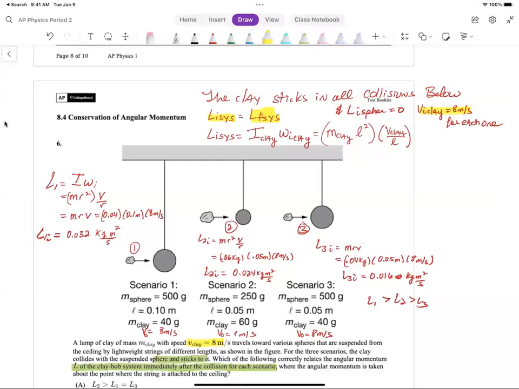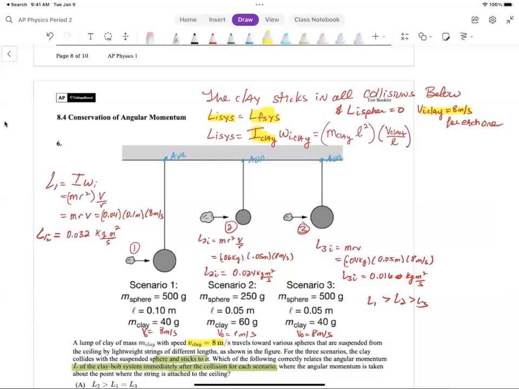Well, the only thing moving before the collision is the little piece of clay. So if I know the I value of the clay about these axes of rotation, and I know its angular velocity about that axis of rotation, then I know the initial angular momentum.